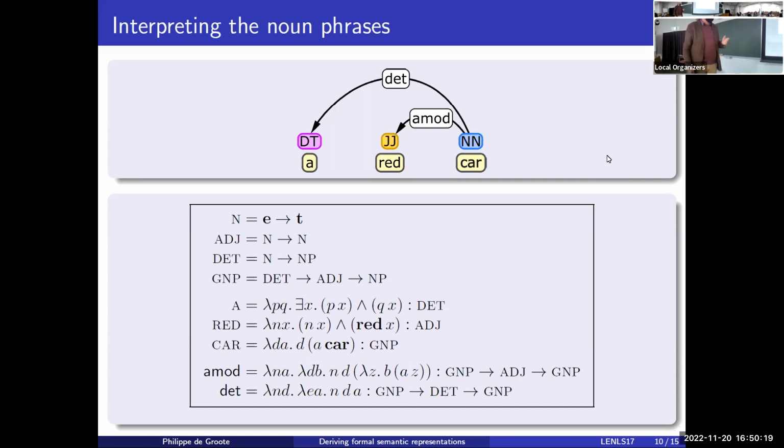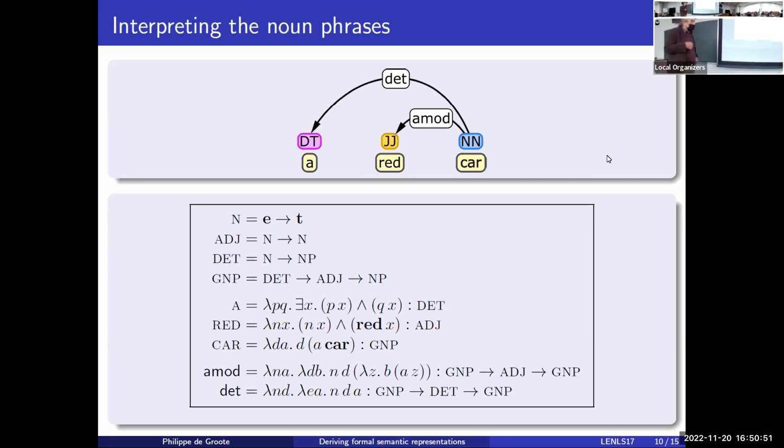The determiner and the adjective have the usual meaning, and car, which should be of that type, takes two arguments, the determiners and the modifiers. The modifiers are applied to the noun car, and the noun itself is applied to the possible determiners.